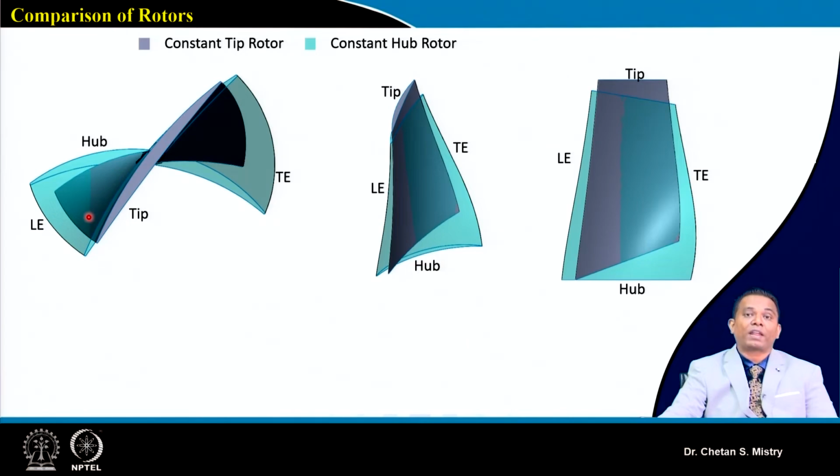As we have done our calculation, the chord for the rotor was coming out larger, and that's reflected here. So this is the constant tip configuration, and this is the constant hub configuration.